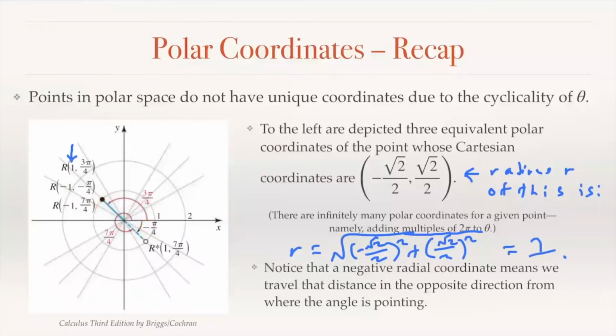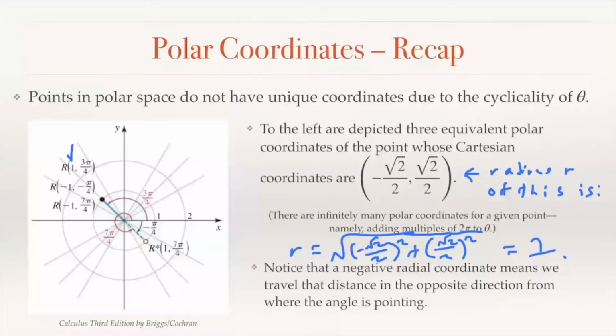However, we could also think of that same point in the following way. We can think of a radius of negative 1 facing in the direction negative pi over 4, which is this way. However, if your radius is negative 1 and you're facing in a direction, that means you're facing in the opposite direction.